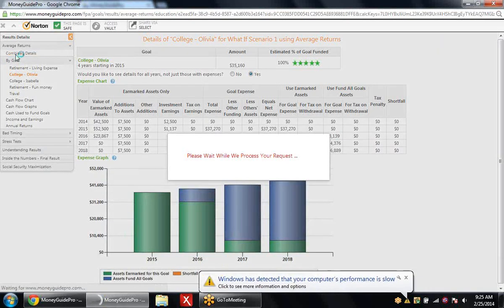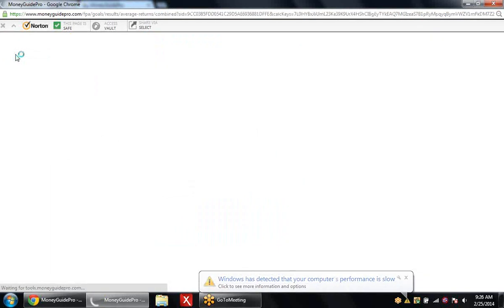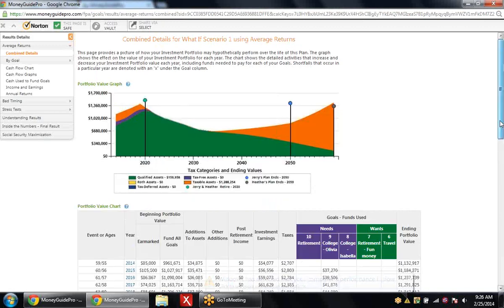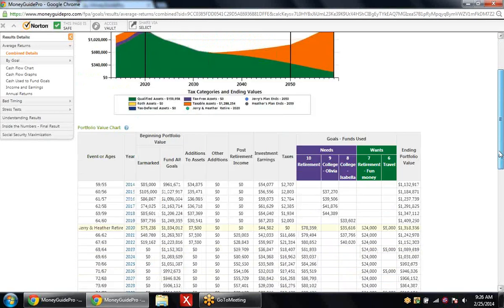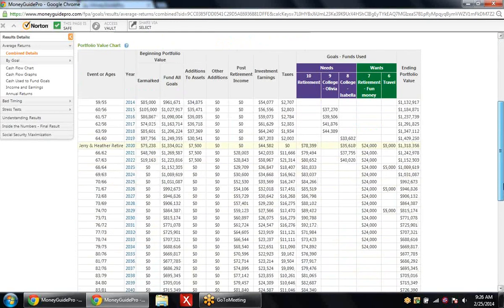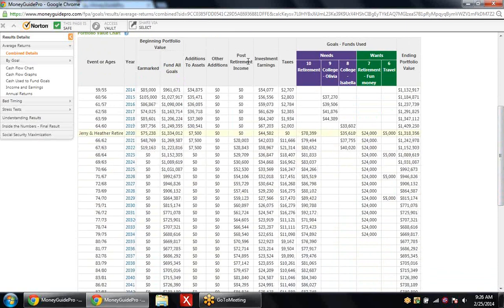Now going back to the combined details where I was originally, let's take a look. And now we have a lot more money at the end of the rainbow because this post-retirement income number is substantially higher, because I said that we're getting 75% of the projected amount rather than only 50% of the projected amount.